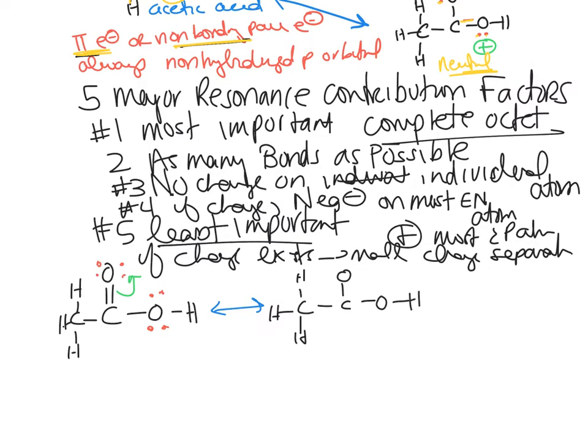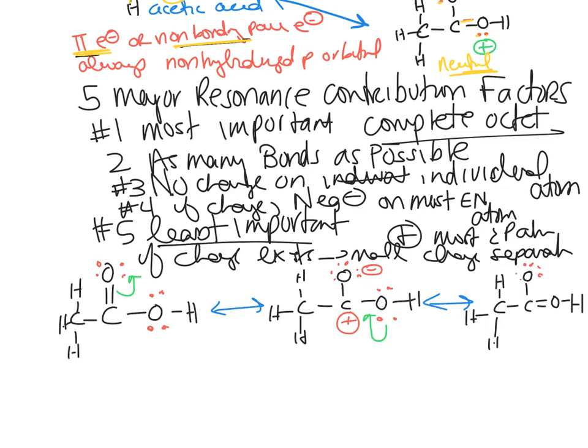Sigma bonds are single bonds. And then we draw our lone pairs. That makes that oxygen a negative, makes that carbon a positive. Okay, and then we draw another one where these electrons here go towards the carbon, and this is acetic acid, which is the active ingredient in vinegar.